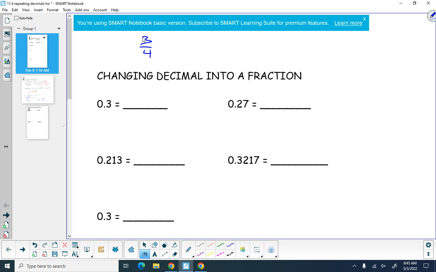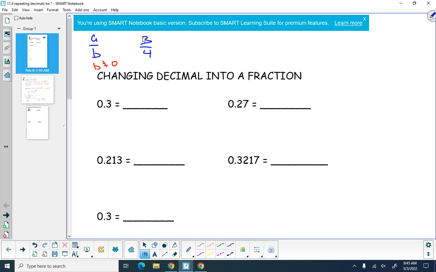B can be anything but a value of 0. B cannot equal 0. A is any integer. And these are both integers. Once again, B cannot be a value of 0. Anything in the form of a over b, b cannot equal 0.